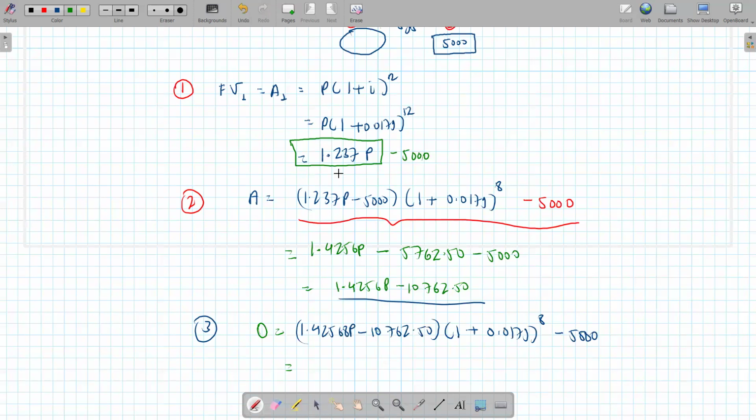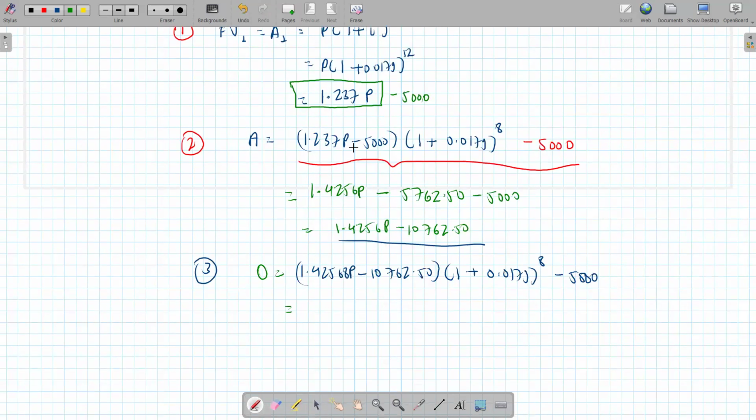It's a little bit complicated, this one, because the principal keeps changing from one point to the other. Again, I'm going to open this bracket. So 1.42568 times 1.0179 to the power of 8 is 1.643096P minus 10762.50 times that to the power of 8 minus 5,000, and 10762.5 times 1.0179 to the power of 8.